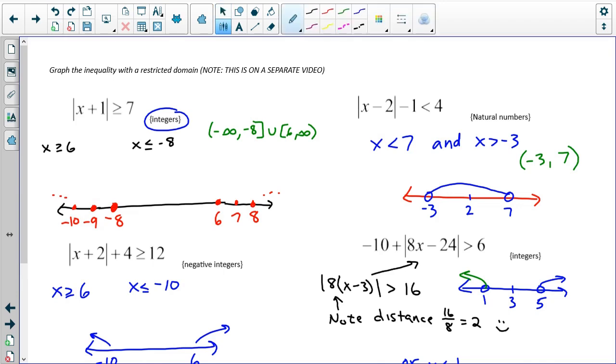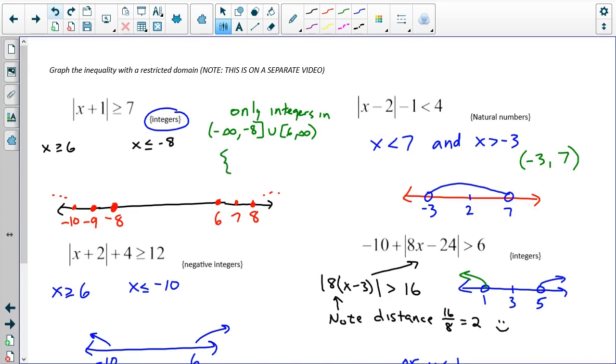That also means that I would have to change this. So I can't write that all by itself. I would have to say only integers in that interval notation.